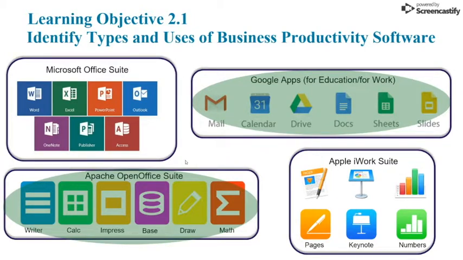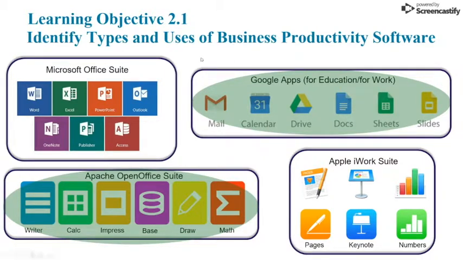Google Apps is one that is a free option. I've marked it here in green, and I'll do that throughout today's presentation just to show you what some free options are as far as software. We hear a lot about the prohibitive cost of software, but there are free options out there, and I want you all to be aware of as many free options as you can get, so you can take advantage of them.